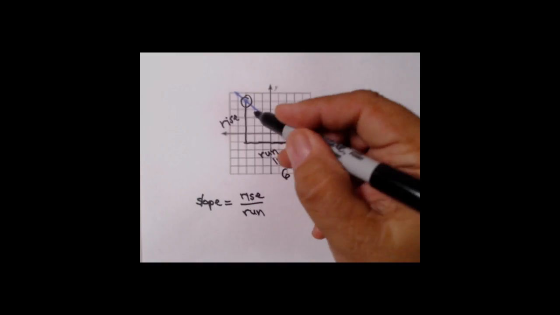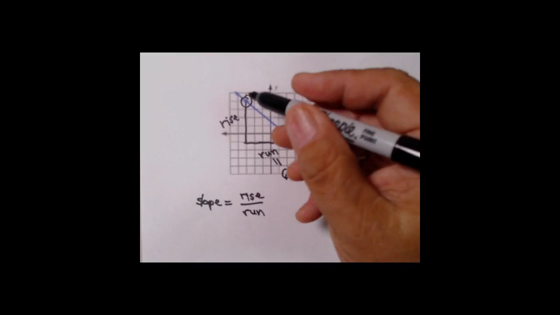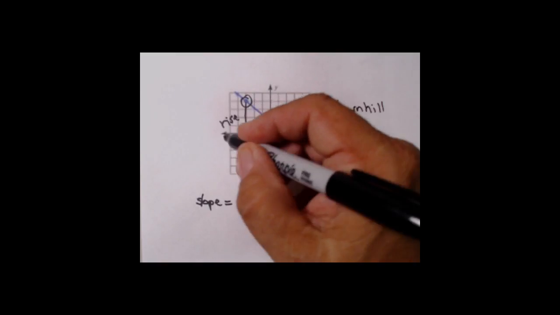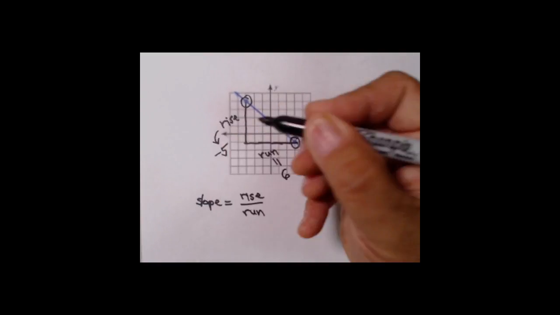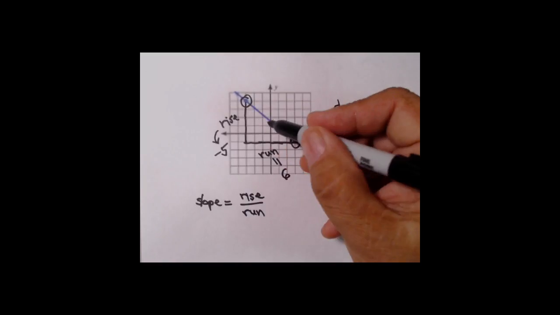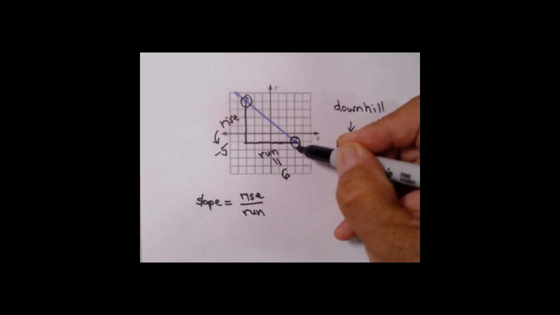Okay, and the rise, now notice we're going downhill. So this is what makes this thing a negative slope. 1, 2, 3, 4, 5. Rise equals -5. Okay, well, again, we picked 2 points that were easy to count to, drew our triangle in underneath.